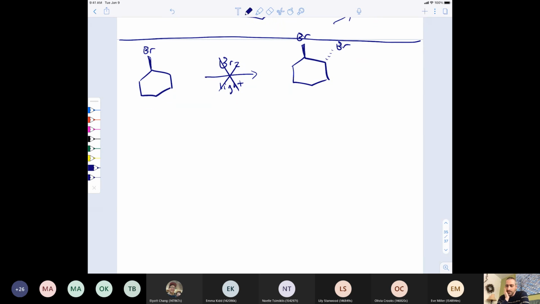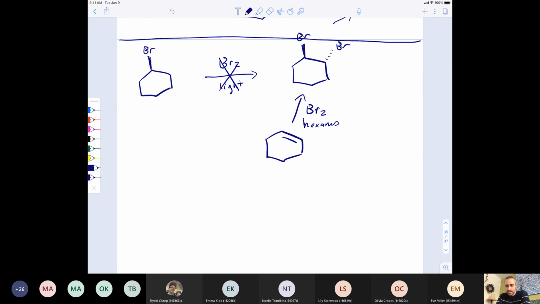Let's look at it and say, oh my God, look, that's a vicinal dibromide with anti-addition symmetry, right? That product should scream at you, I want to be started from cyclohexene and react it with Br2 with some nonpolar solvent like hexanes.